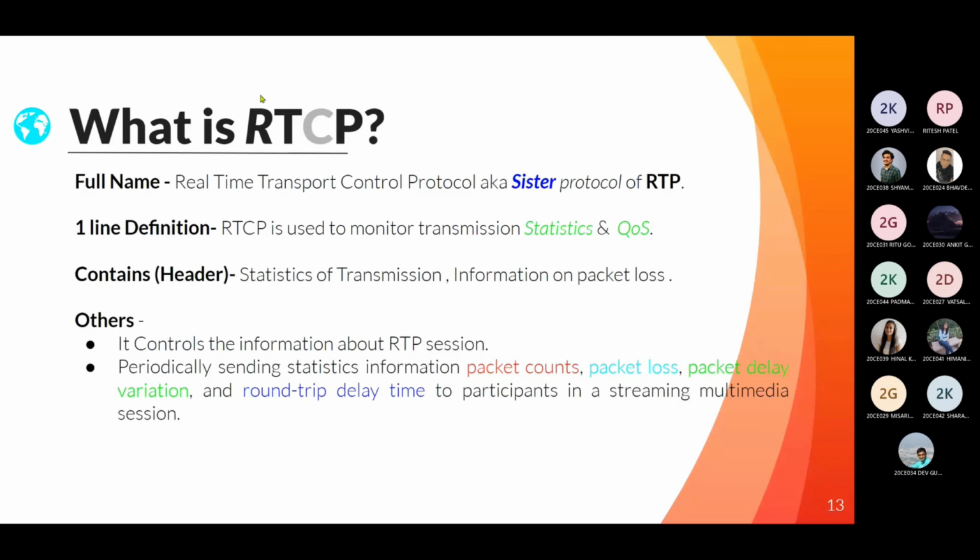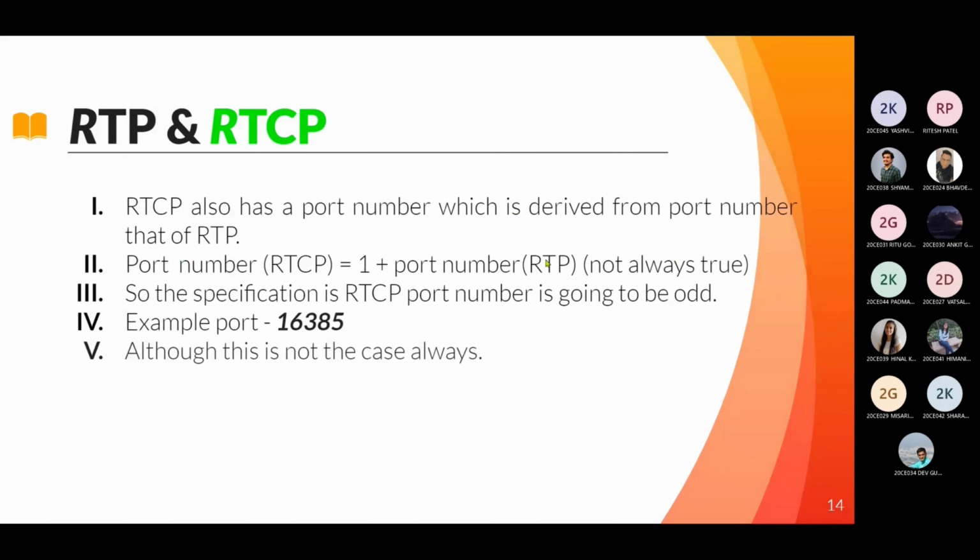If the RTP port is even, the corresponding RTCP port is going to be one more than the RTP port. That is, if we had 16384, which was even, for RTP, the corresponding RTCP will be one more, that is 16385.